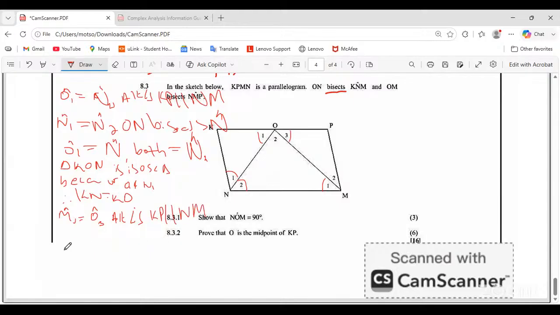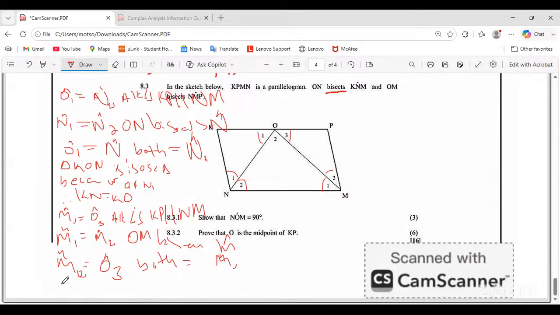And now M1 is equal to M2 because OM bisects angle M. Now, we can come to the conclusion that this angle and this angle are equal. We say M2 is equal to O3. Why are they equal? Because they are both equal to angle M1.